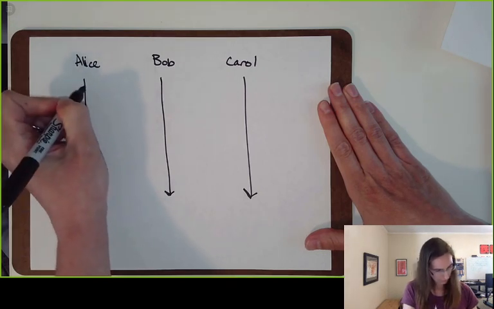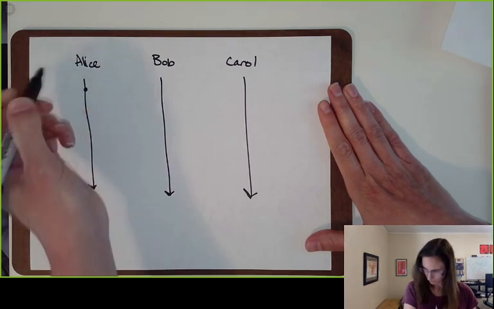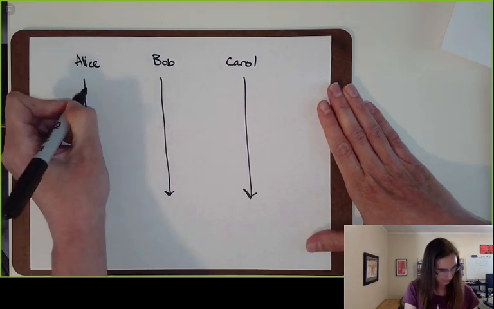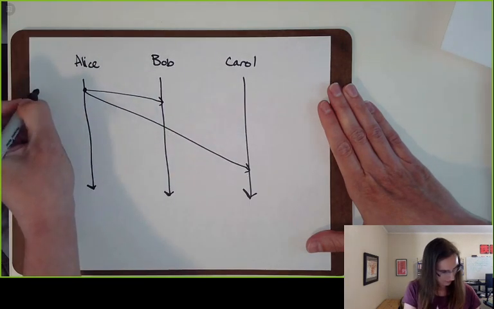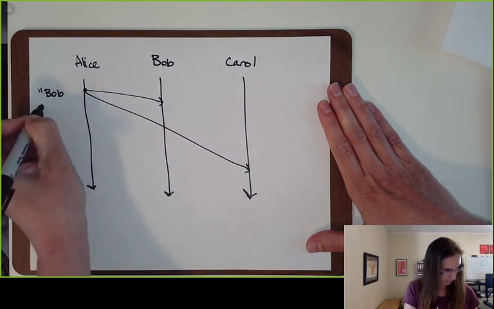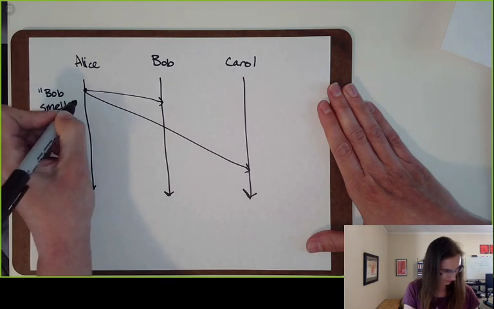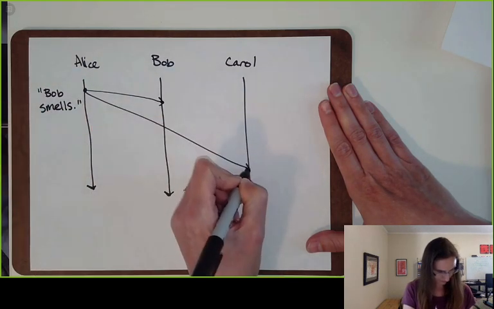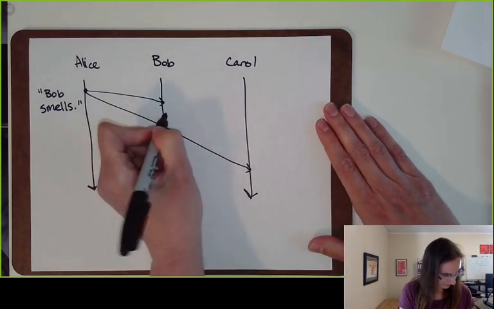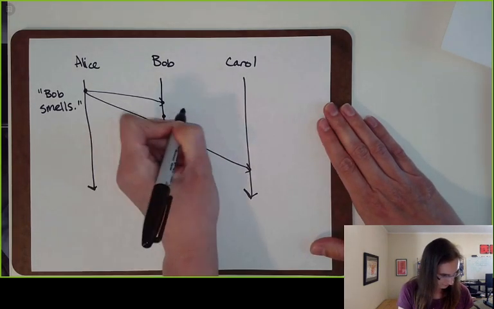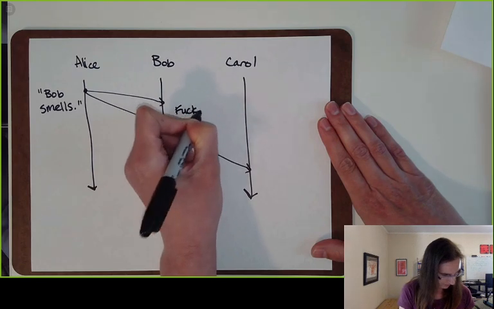Let's say that Alice sends a message to Bob and Carol. And Alice says, Bob smells. All right. Well, Bob gets this message, right? And he can't let this stand. So Bob has to respond to this. So Bob responds with, fuck you, Alice.